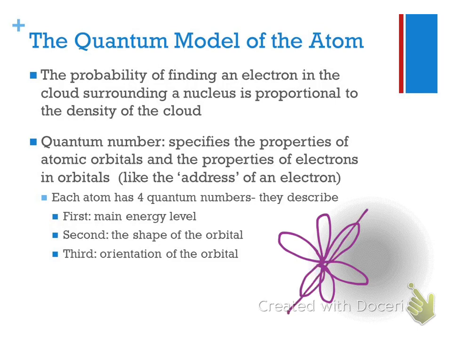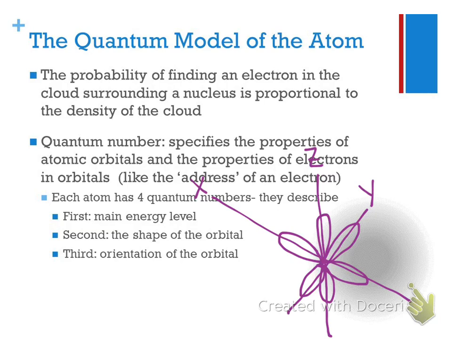This is one orientation, this is another. It's all about how they're tilted around the axes, or around the nucleus. So it tells us the orientation of that orbital. Sometimes you'll hear these described as the x-axis, the y-axis, and the z-axis. It kind of works like that. So there's just 3 different ways that this p orbital can be oriented around the nucleus.